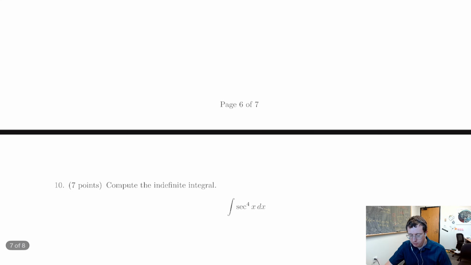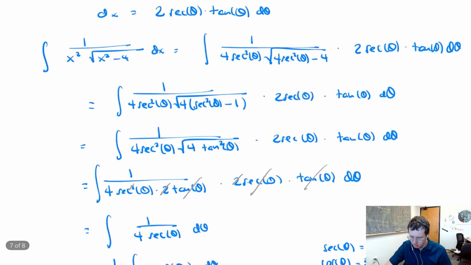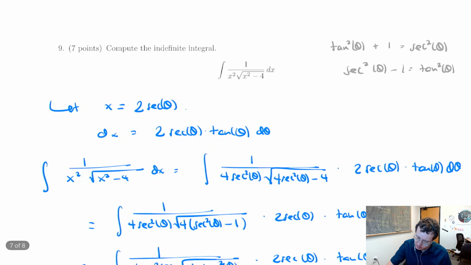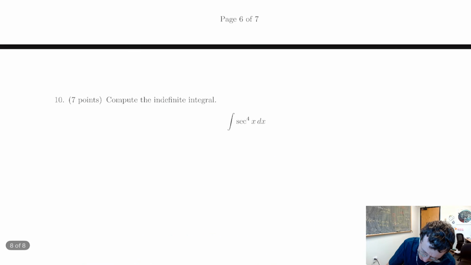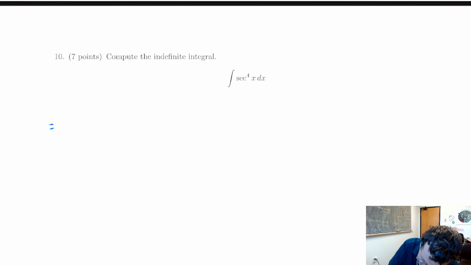So, secant to the 4th, I'm going to use this trig identity again. I'll copy it here for convenient reference.